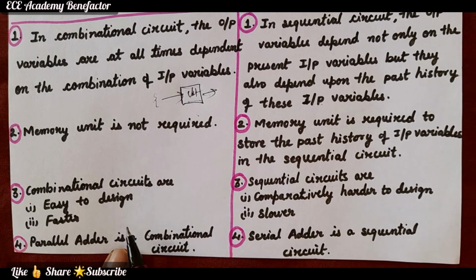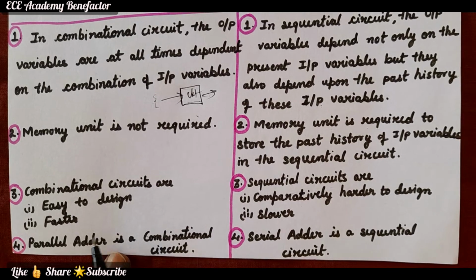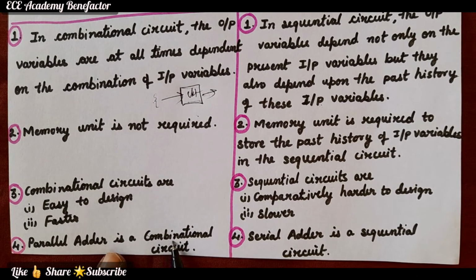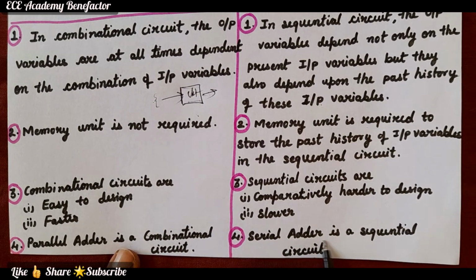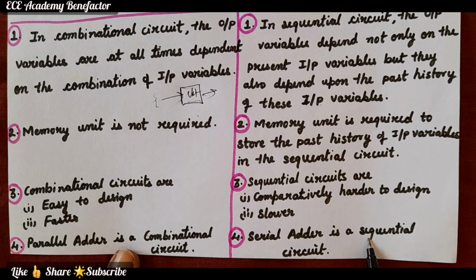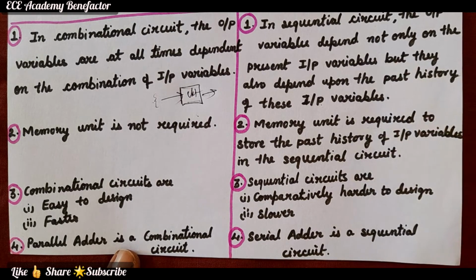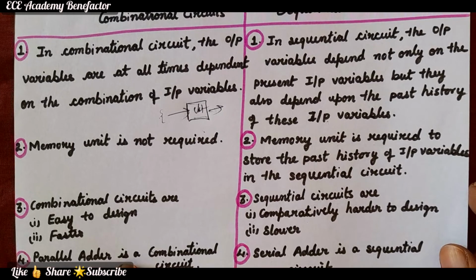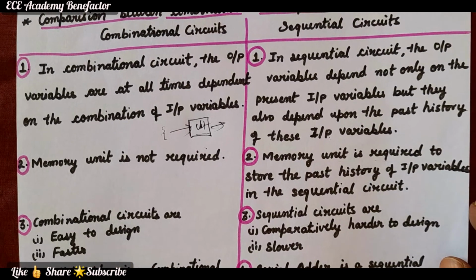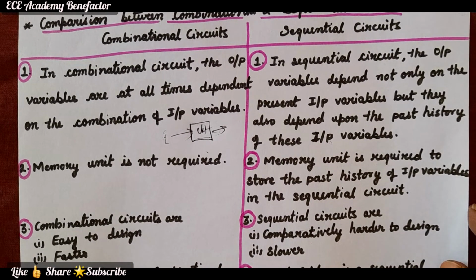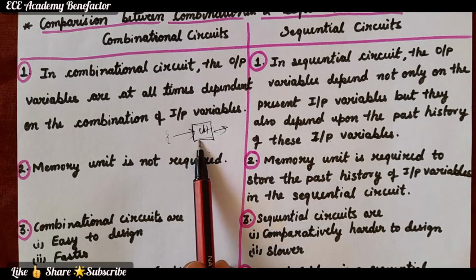Example: a parallel adder is a combinational logic circuit, a serial adder is a sequential logic circuit. So, these are the 4 important points to be remembered for combinational and sequential logic circuits. The basic thing is the block diagram.